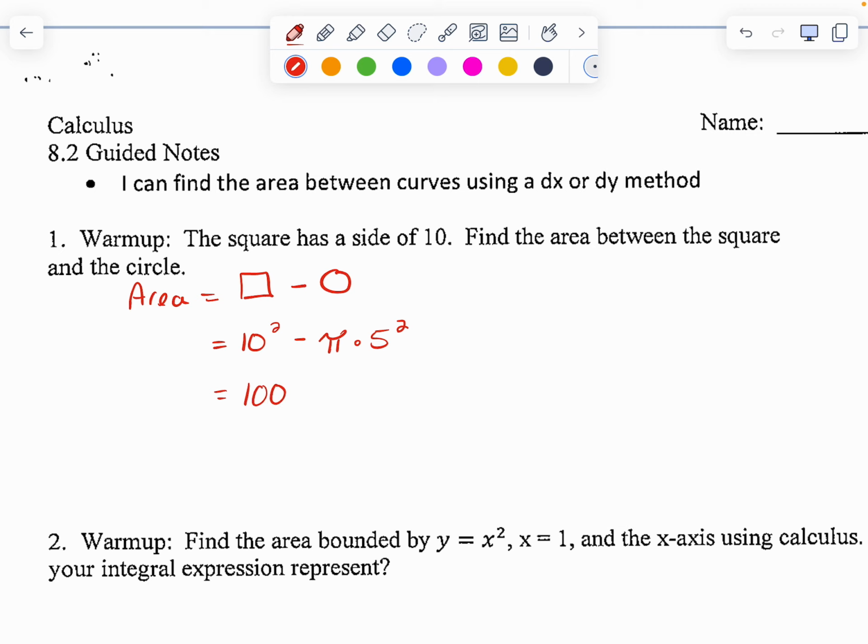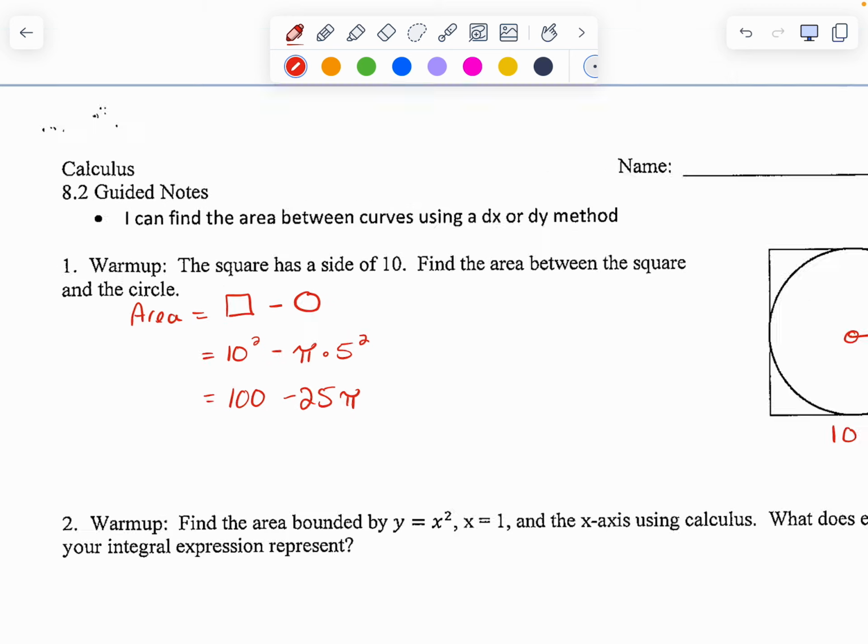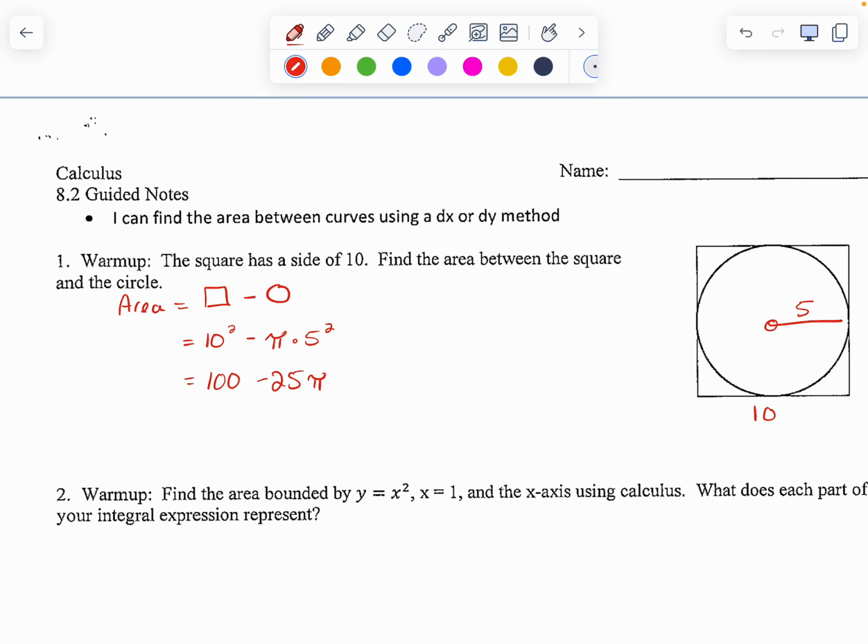So I guess bad news, you have to remember your geometry. Right now we're reviewing geometry because you're going to have to use it in your integrals.